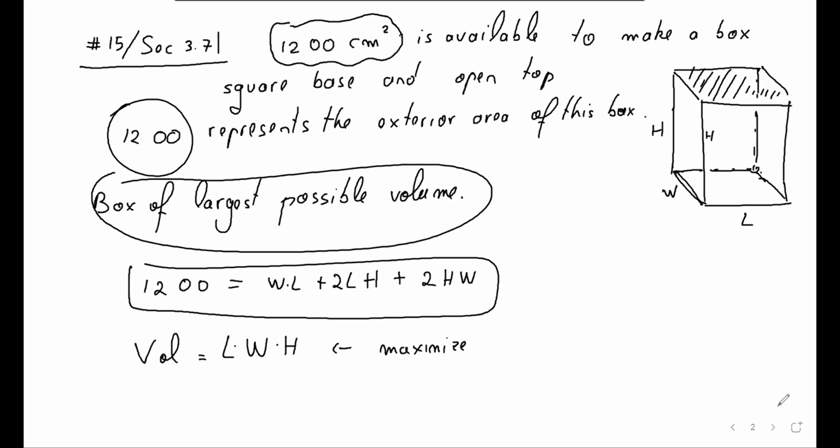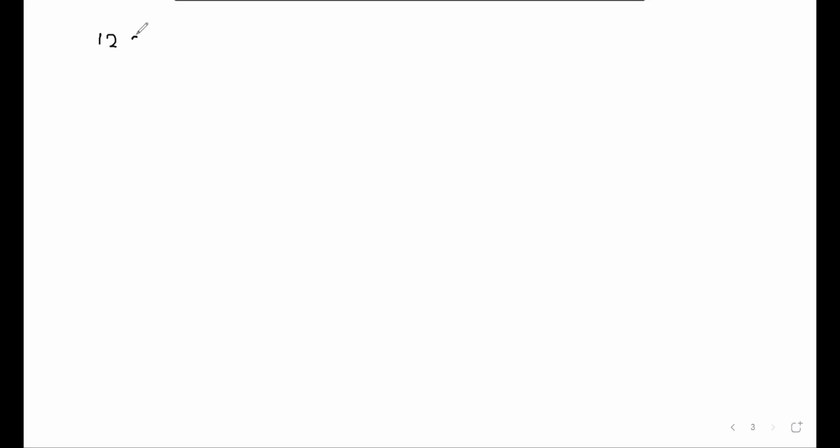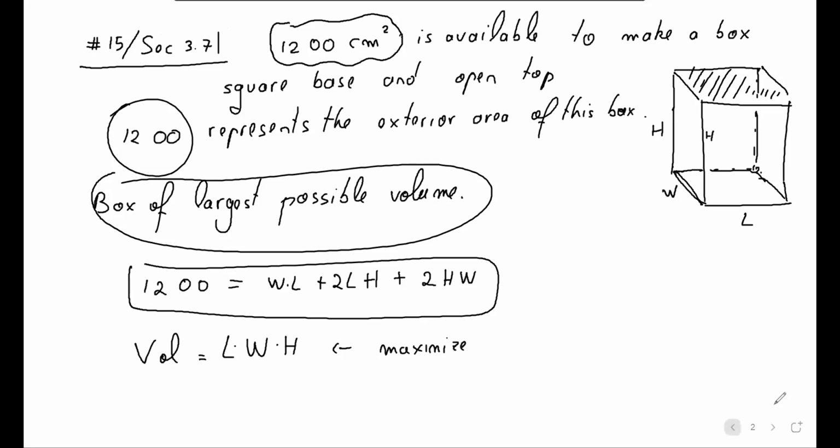Okay. So on the next page, 1200 equals WL plus 2LH plus 2HW.